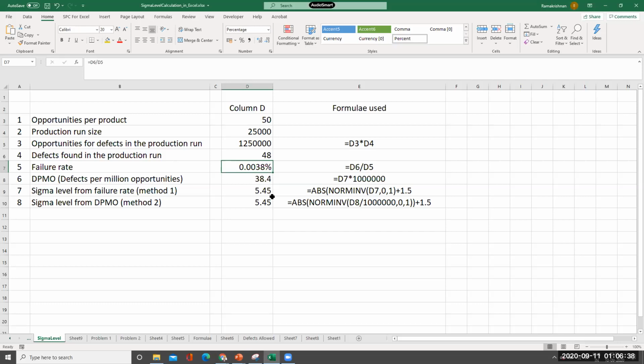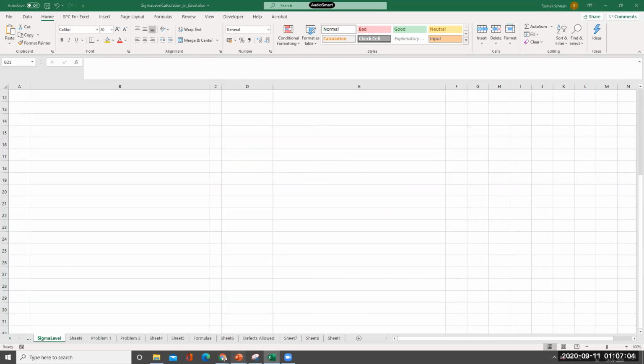I'll get this 5.45. All I did was substitute in this formula. You can see the formula here. I substitute the failure rate here, D7 is the failure rate, right? And then in this formula, I'm putting 38.4 by 1 million. So both will give you the same result. Okay.